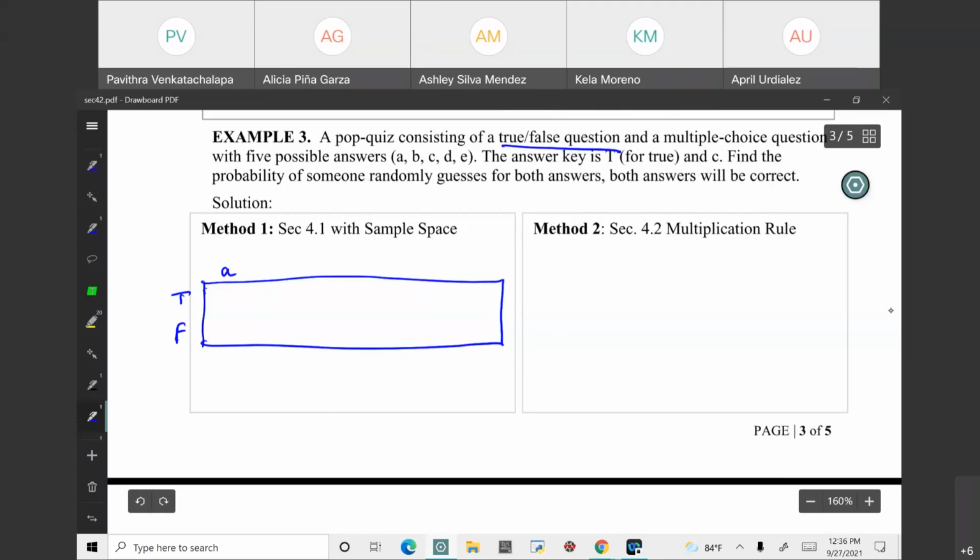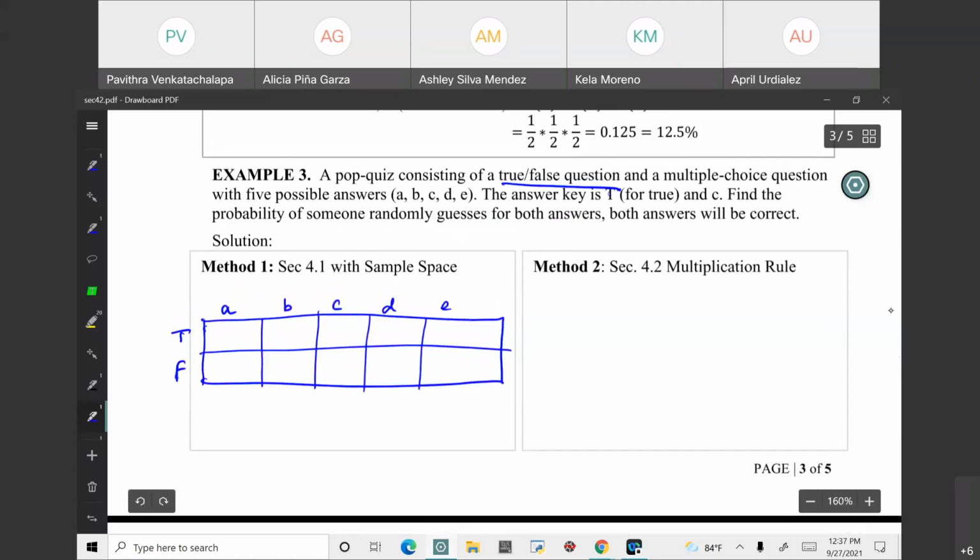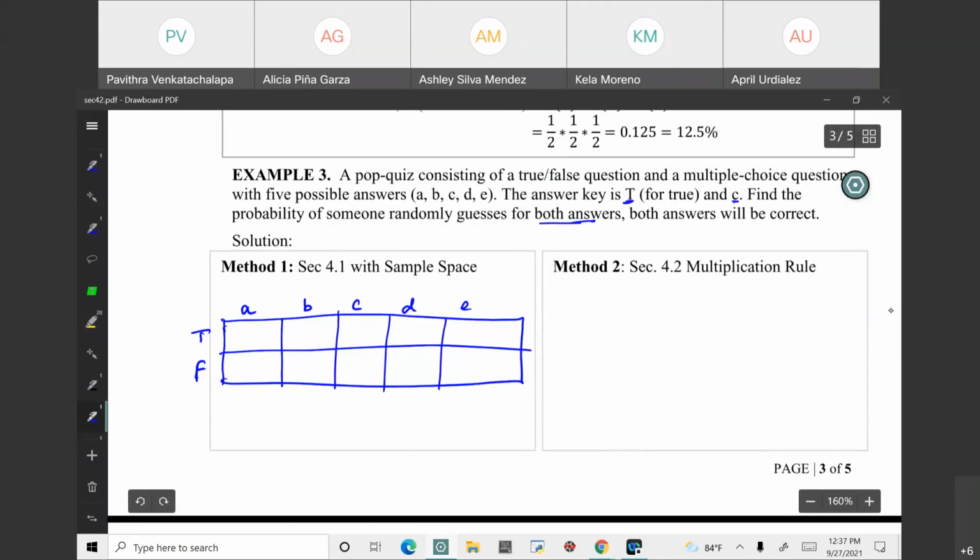And there is another question which has multiple choice, A, B, C, D, and E. Now they are asking us the probability. They have also given the answer. The first answer must be true and the second answer must be C, option C. Now what is the probability that someone who guesses both answers gets them correct? So what are the chances that someone can guess these answers and both are correct?